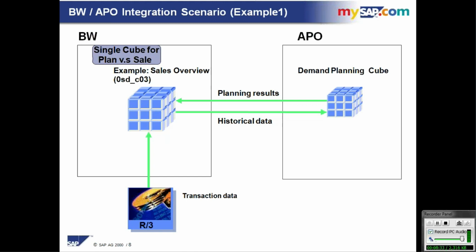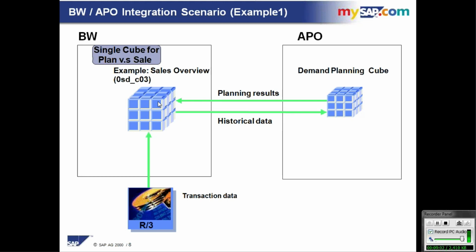As you can see, in R3 we have the transaction data. We extract this data from here and keep it in the cubes. From here we take it into the APO demand planning cube, and we can also send the data from APO DP to the central BW.